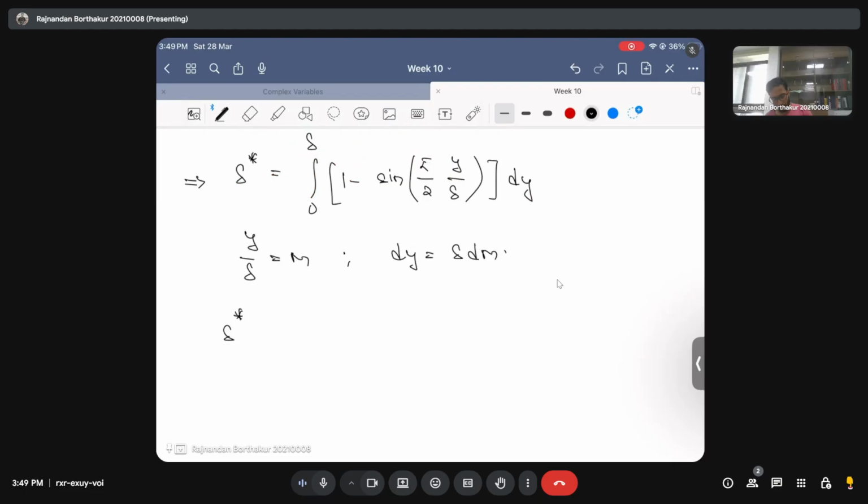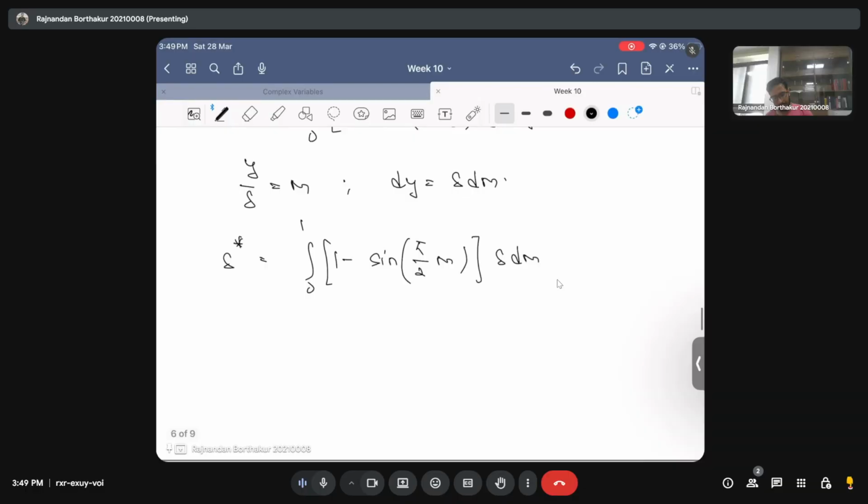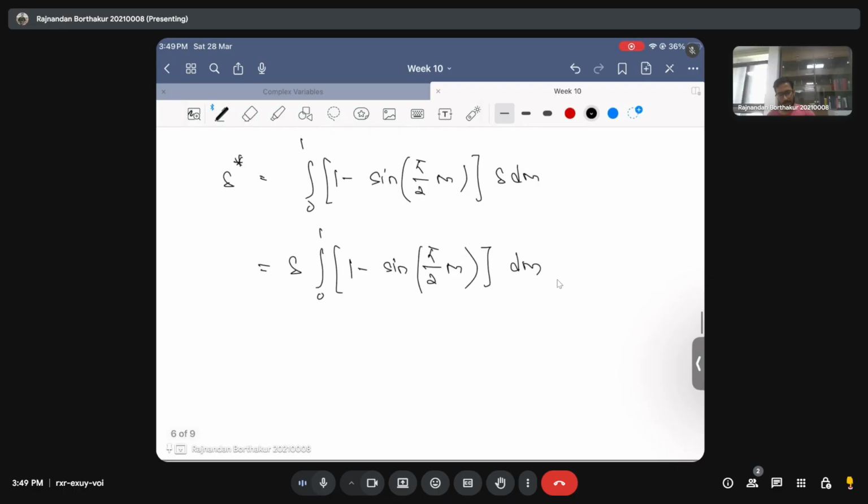Which means that delta star simply boils down to integral 0 to 1 of 1 minus sine of pi by 2m, and then we will have delta dm, but we know that delta is not a function of y, so this will be delta times integral 0 to 1 of 1 minus sine of pi by 2m dm. And this is rather a very straightforward integration.